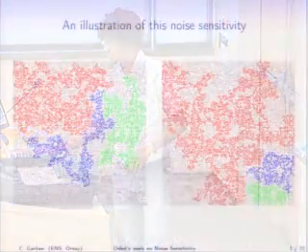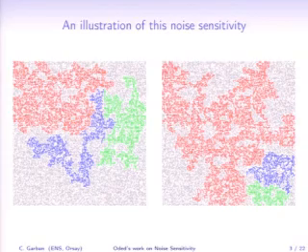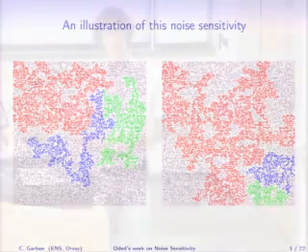Just to illustrate this sensitivity to small perturbations, here I have a simulation of a critical Z2 percolation, so at p_c equals 1/2. I've drawn the 3 largest clusters on the left. The red one is the biggest, and then the blue and the green. On the right, it's the same configuration, except there are some mistakes.